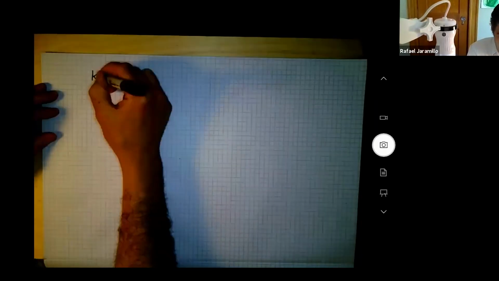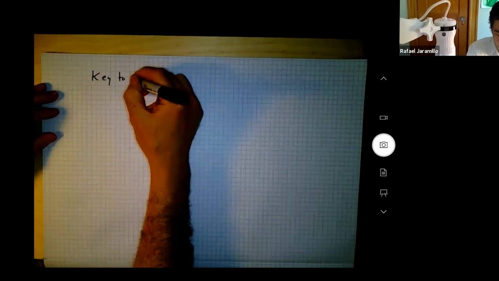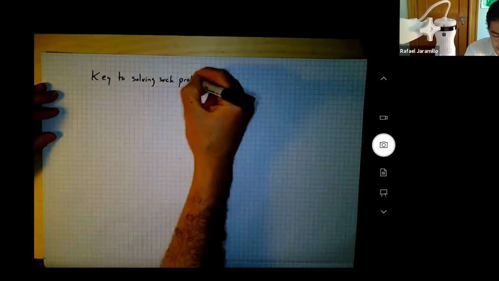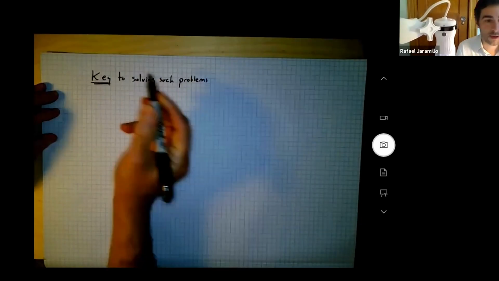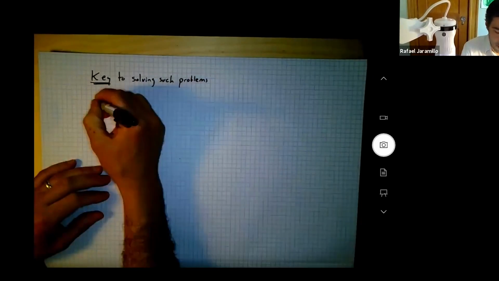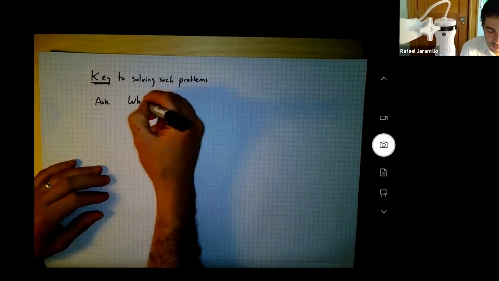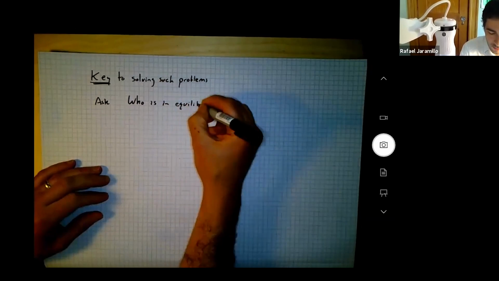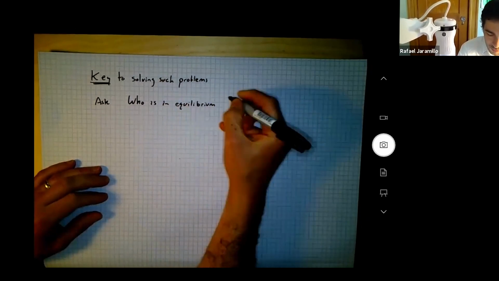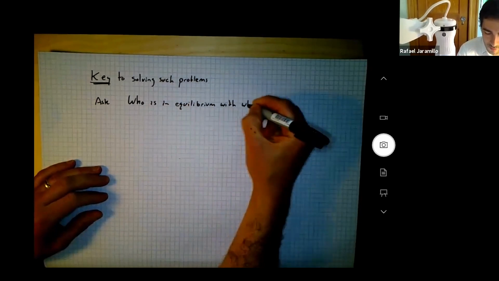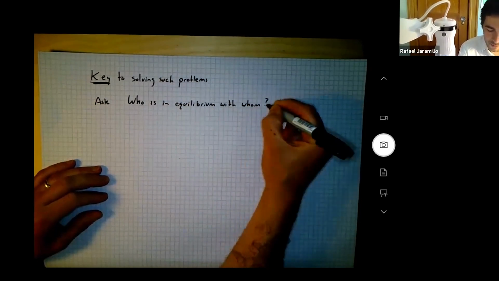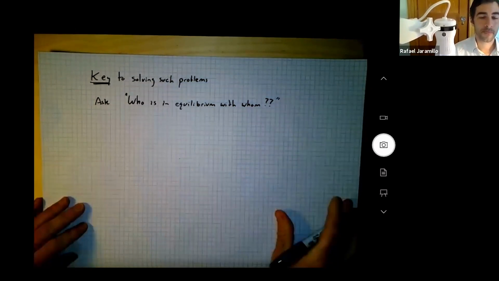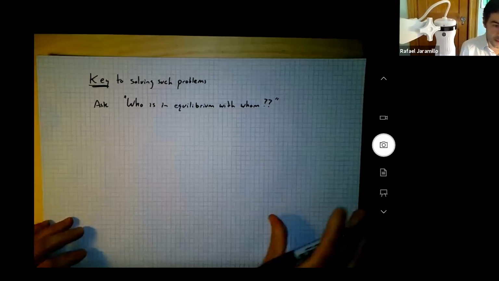The key to solving such problems, this is sort of the intellectual key, is to ask who is in equilibrium with whom? This is the key to getting good at these problems. What do I mean by that?